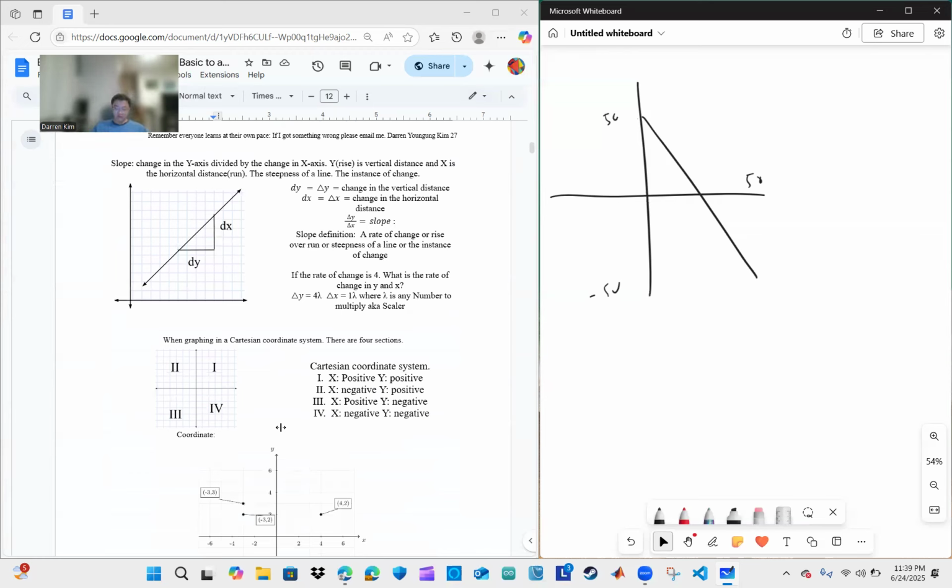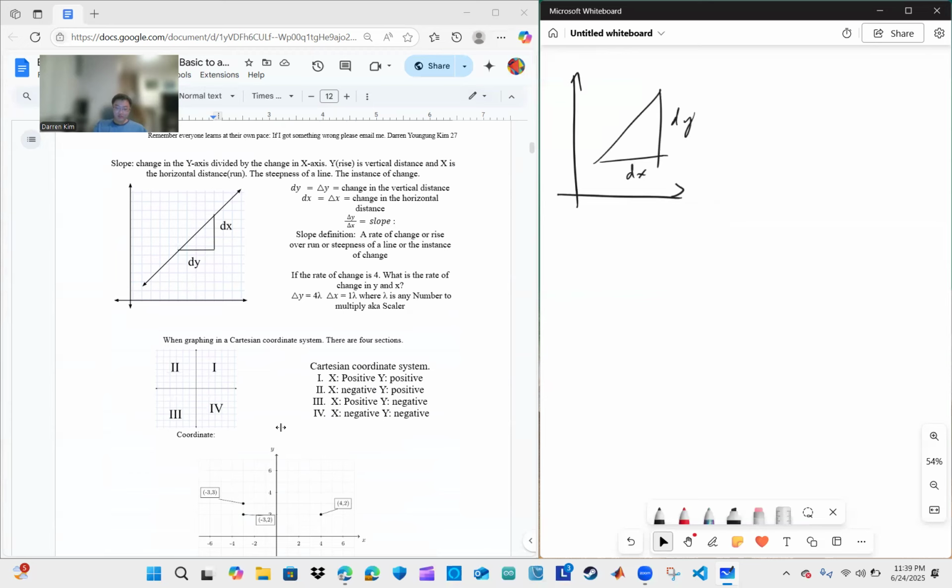Maybe I should have done this first because it makes more sense. But what I did over here was describe the rate of change, which is dx and dy, because that's the fundamentals of calculus later on. dy equals delta y, and dx equals delta x. It doesn't matter for this one because it's linear. It's both the same thing.